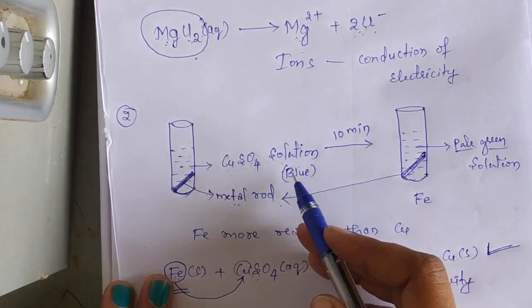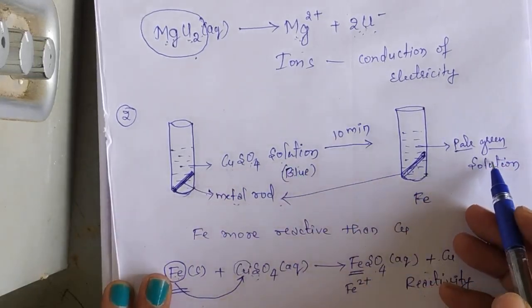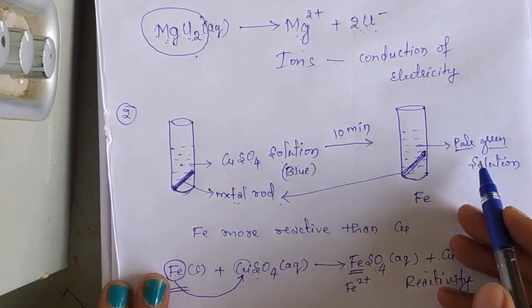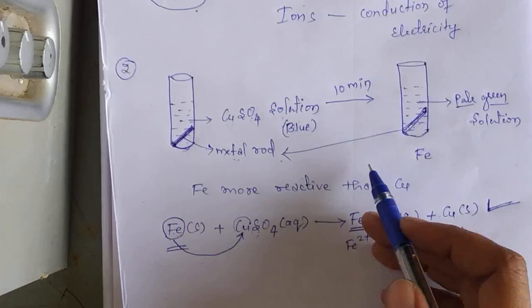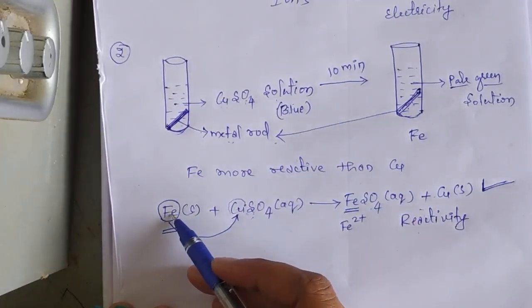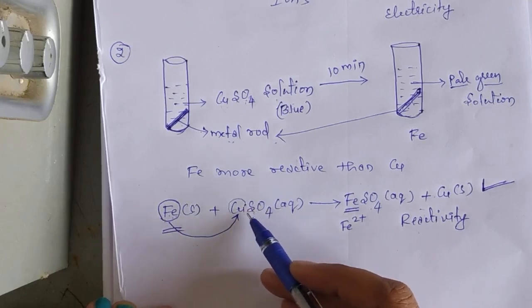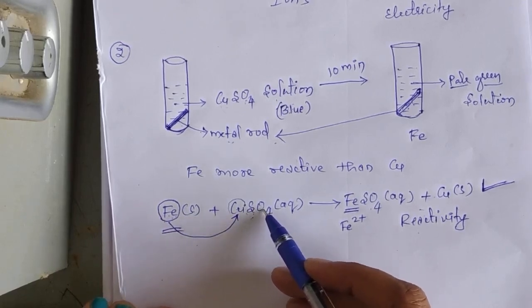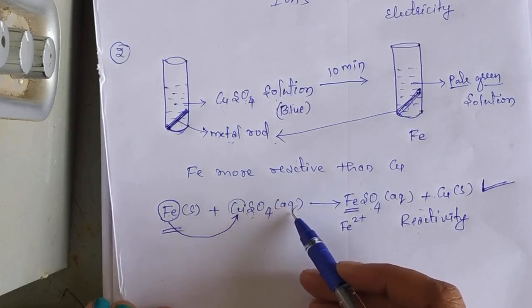As a result, the blue color of the copper sulfate solution changes into pale green, and the balanced chemical equation for this reaction is written here. Here this iron is a solid. It reacts with the copper sulfate. We have to write the molecular formula of copper sulfate, and since it is a solution, inside the bracket we have to write aqueous.